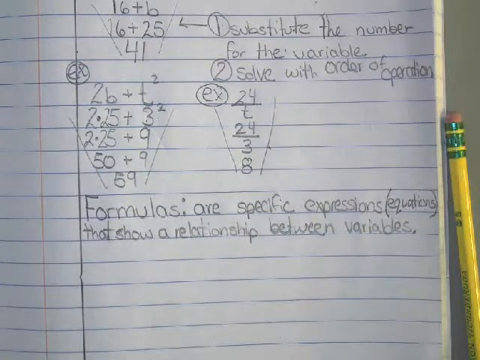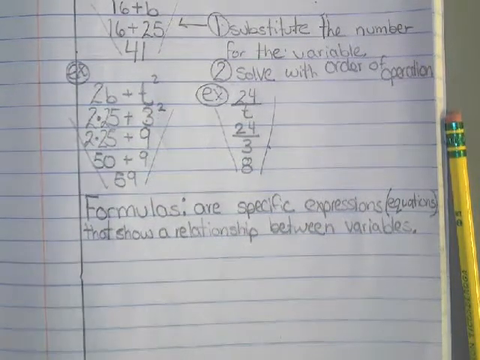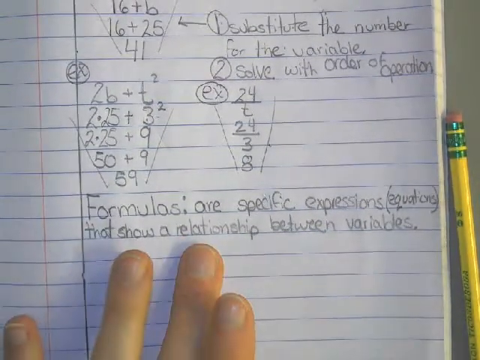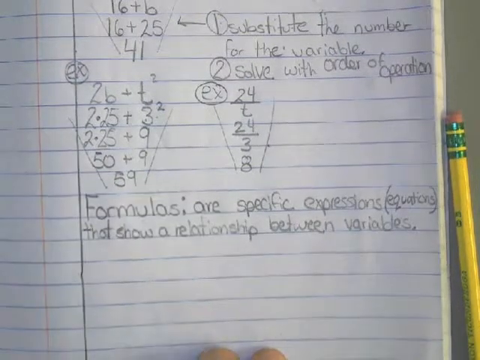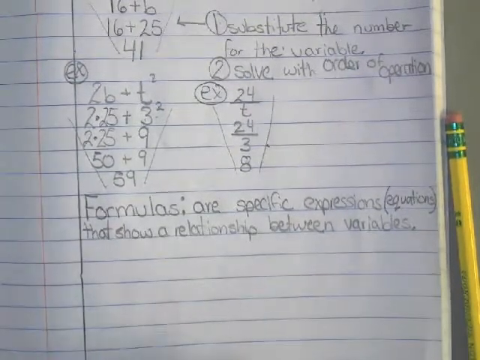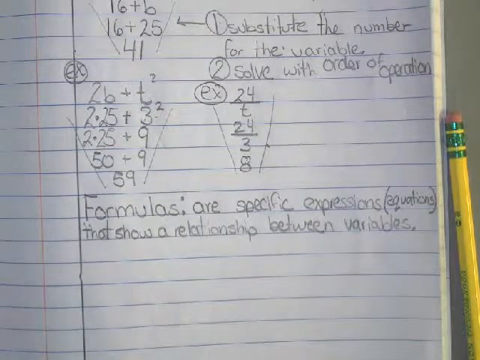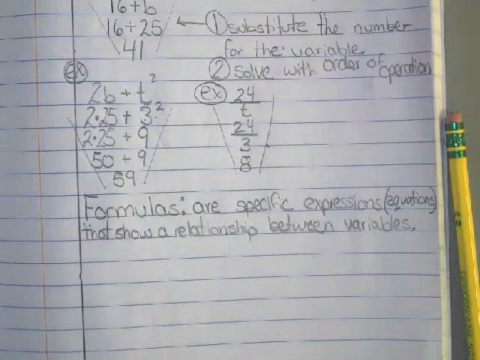Now, this happens because when we interact with the world and when we learn things about the world through science and mathematics, we see that things have a relationship all the time.